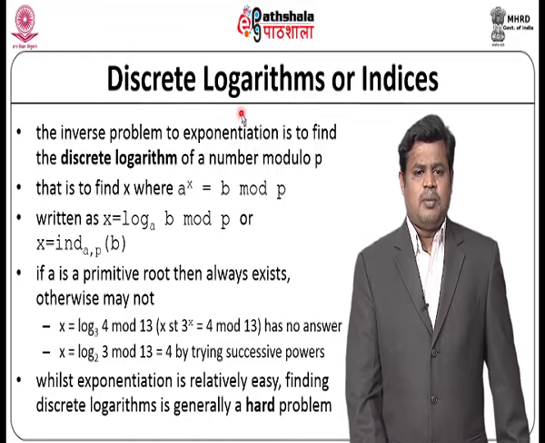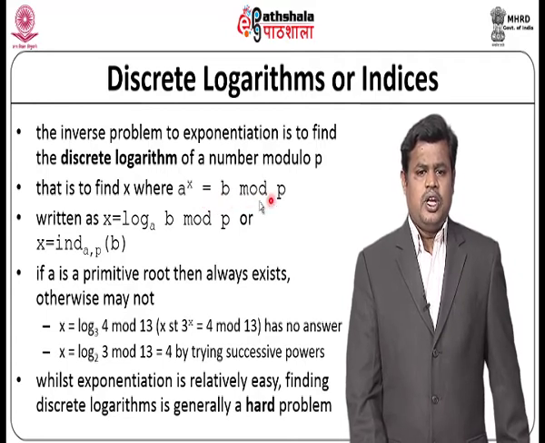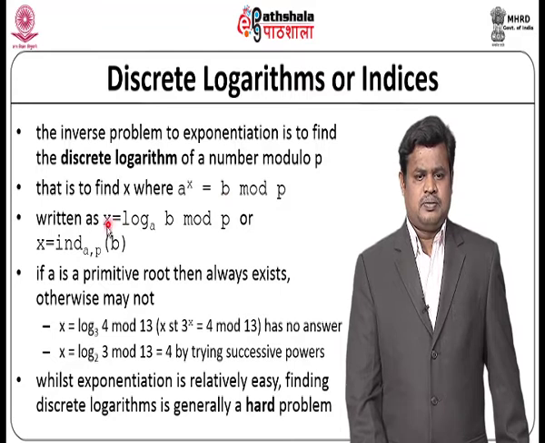The discrete log is an inverse problem to exponentiation modulo p. Suppose you are given a power x, as in the RSA algorithm where the secret power generates a ciphertext mod p. If an attacker knows a and b, then he is able to get x. So, we can see that it is an inverse of exponentiation.